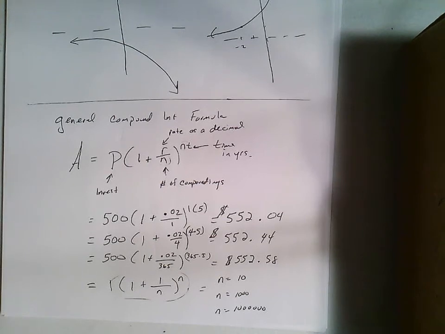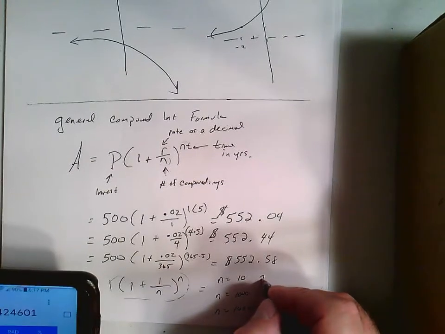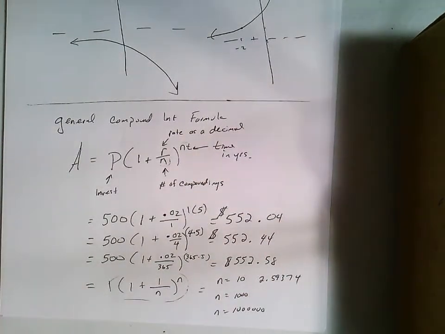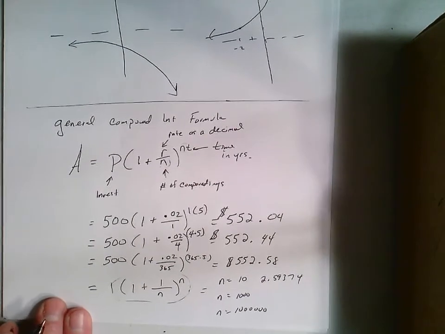So I'm going to type this in. Bear with me. We have 1 plus 1 over 10, to the 10th power. And we get about 2.59374. Interesting.